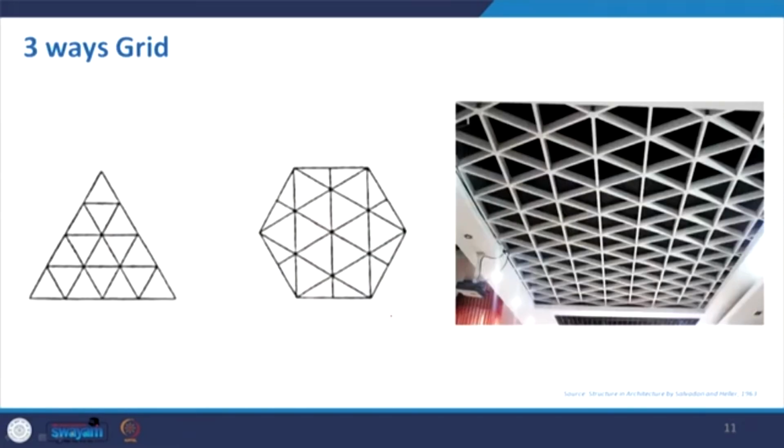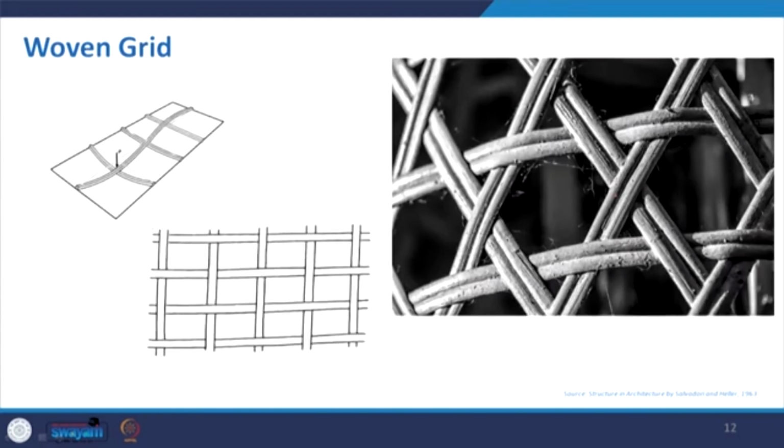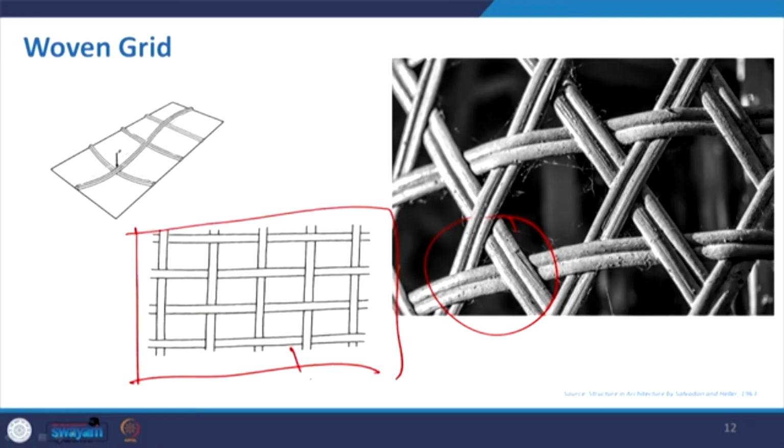Coming to the three-way grid, as I mentioned, it will make a formation of triangle or hexagonal shape for the roofing. Now, the woven grid, as I mentioned, will look something like this, where the interlacing takes place. If you consider this concept image, it is basically the woven grid.